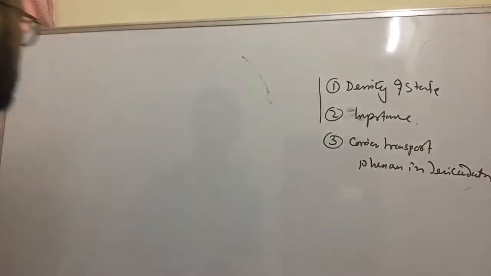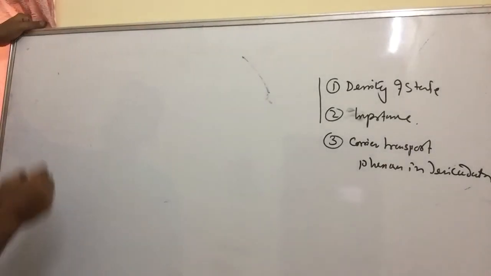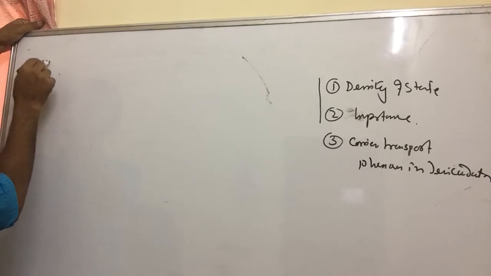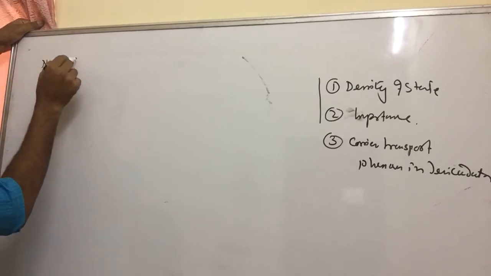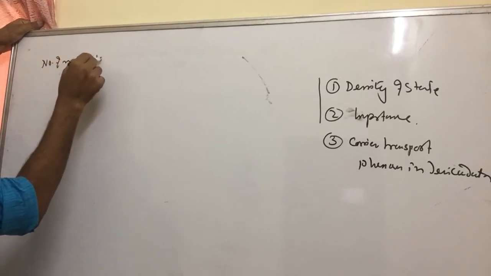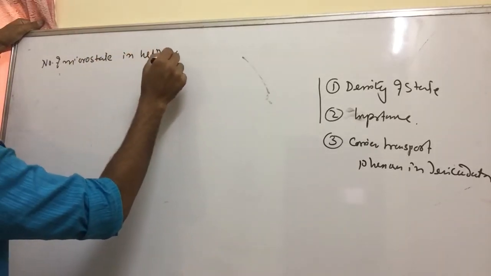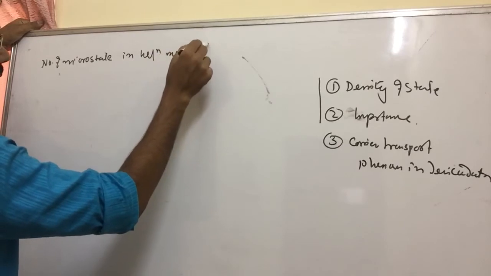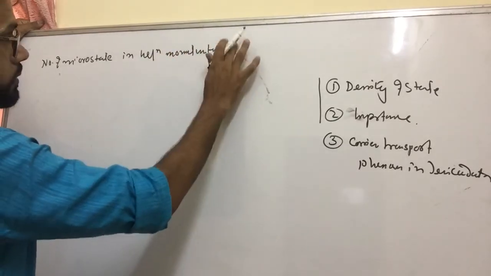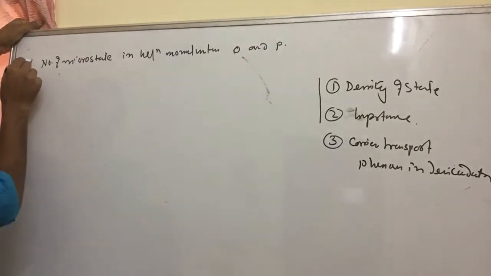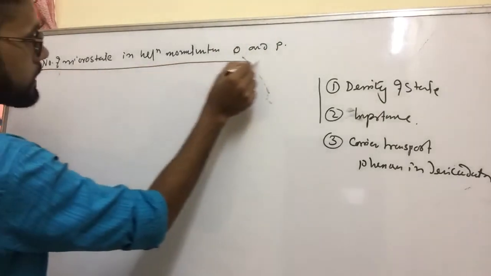Okay, now in the last class we had the number of microstate. I will compare the number of microstate in between momentum 0 and p. This I have already discussed in the last class.